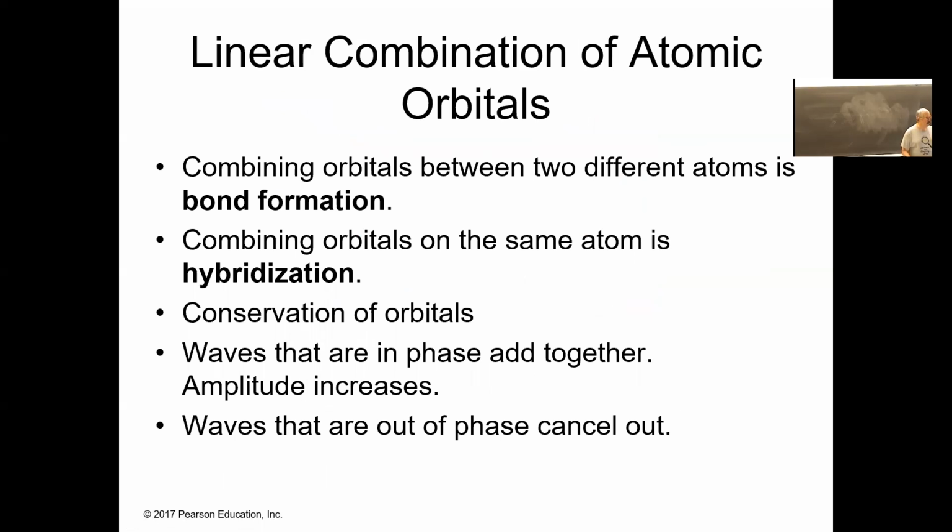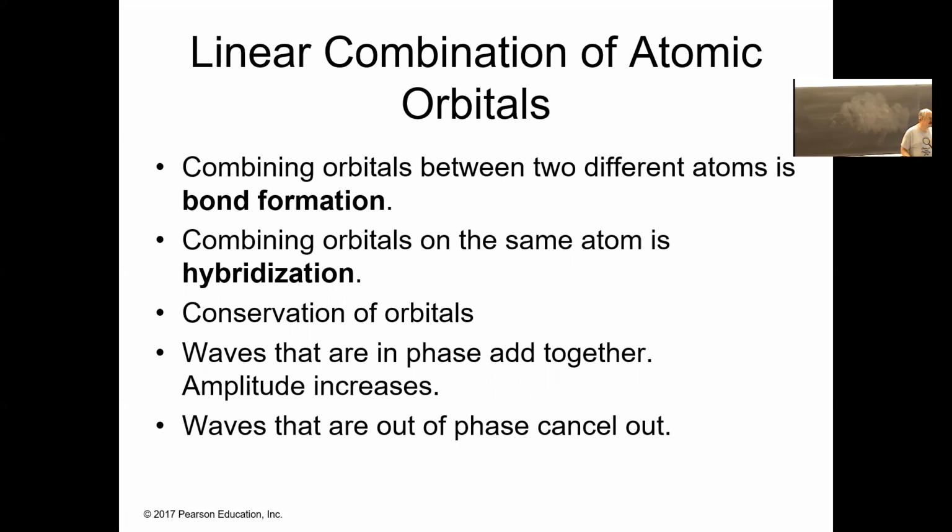Okay, when we do linear combinations of atomic orbitals, combining orbitals between two atoms involves bond formation. Combining orbitals on the same atom is what we call hybridization. When we make these combinations, the orbitals have to be conserved.